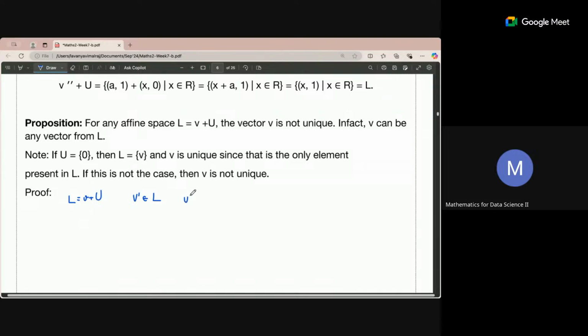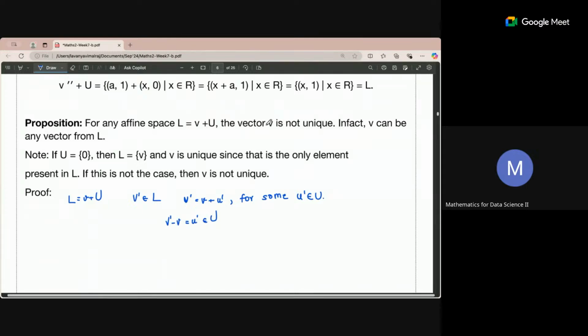How can we express V'? As V plus some element of U, which I call U', for some U' in U. So I have taken some element of L and expressed it in the form V plus U', where U' is an element of U. Now observe that V' minus V is equal to U', which is an element of U. In general, the difference of any two elements in L is an element of U. But that is not what we need here.